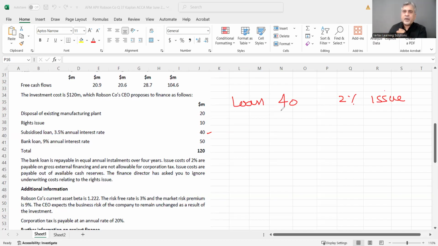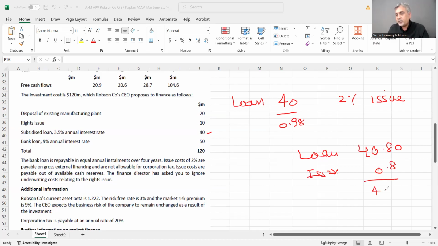So I need a net amount of 40 million. I divide it with 0.98, and that would make me 40 divided by 0.98. So it means that my loan amount should be 40.8 million. From here, I will say issue cost of 2%, which will be 40.8 into 0.02, that is 0.8, and then I get a net amount of 40 million.